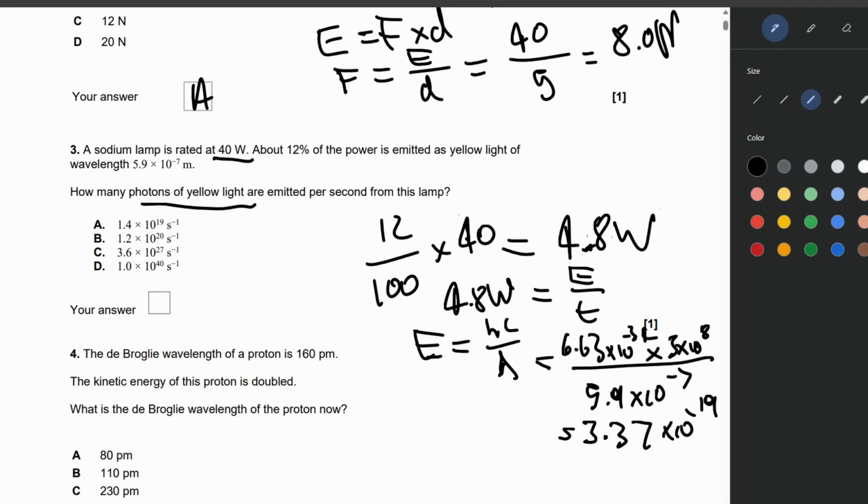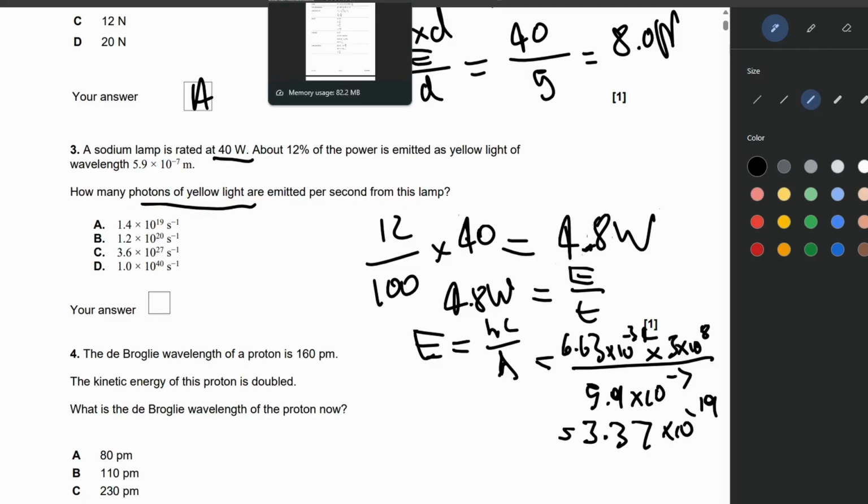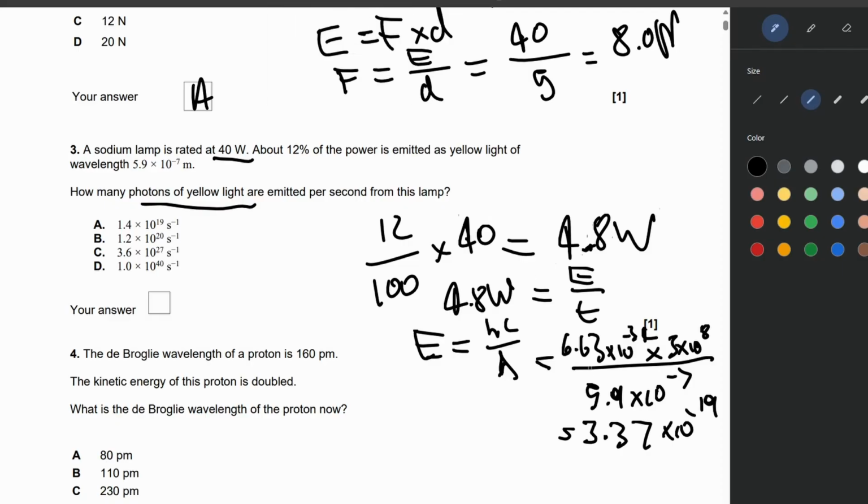Okay. Well, how much is one photon? How do I find that out? Oh, the energy. So I got the wavelength. The energy of one photon is equal to this, right?